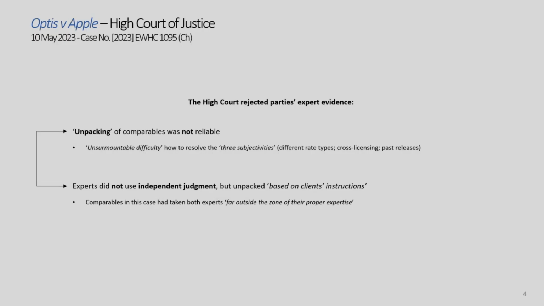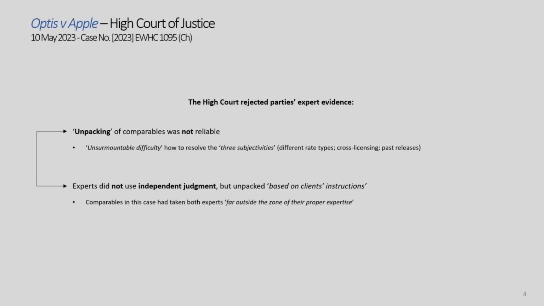It found that the unpacking as an exercise was not reliable generally here, because there were three elements particularly which were subjective, and the court did not believe that they could be resolved, because we had licenses with different rate types. There were some licenses with lump sum payments. There are others on a dollar per unit basis.